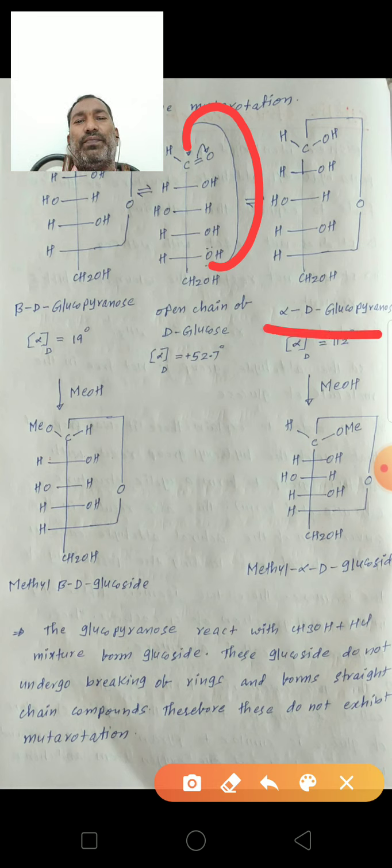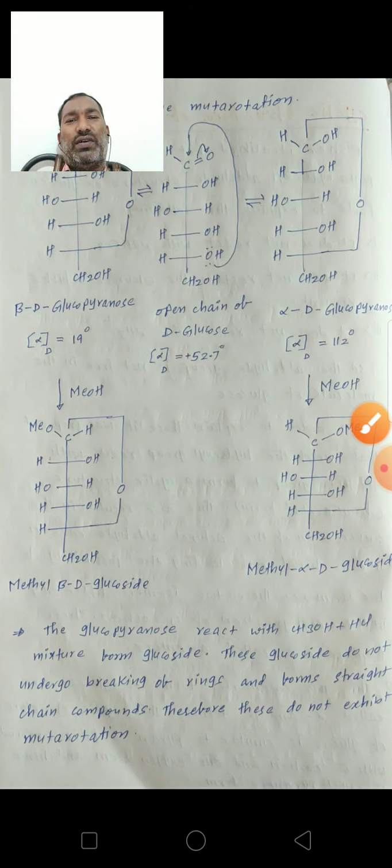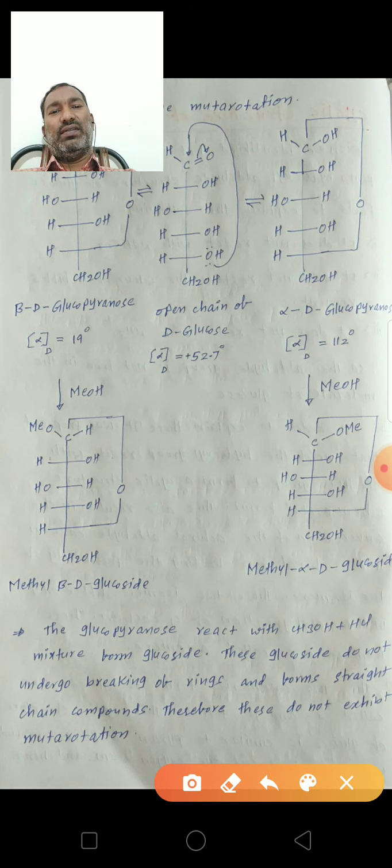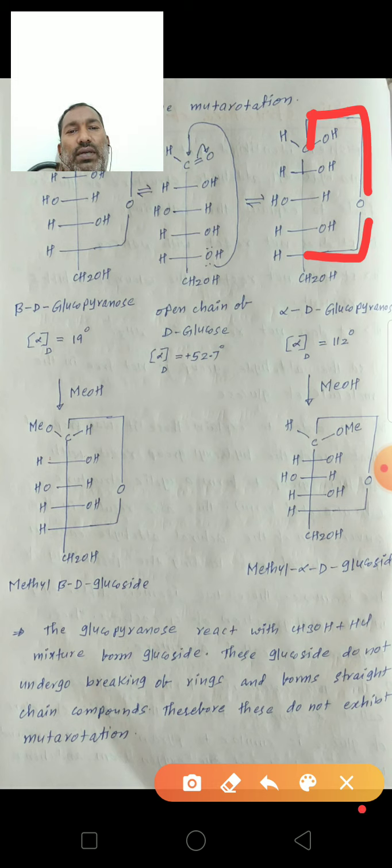The OH on the first carbon is in the right side direction, and the cyclic ring is formed like this.